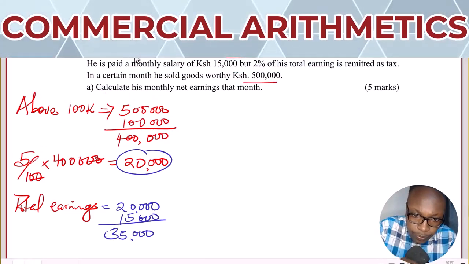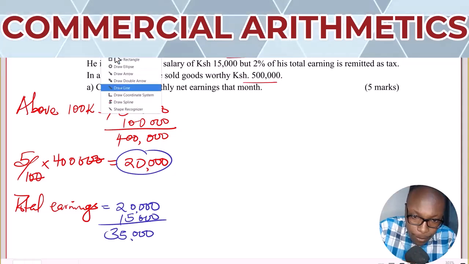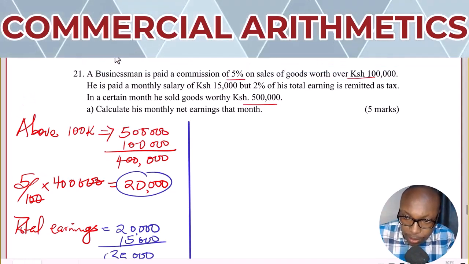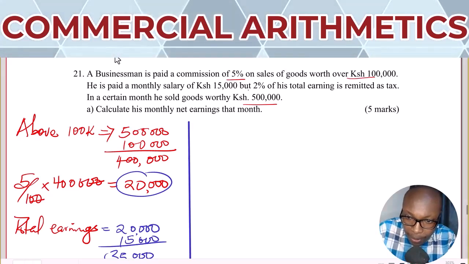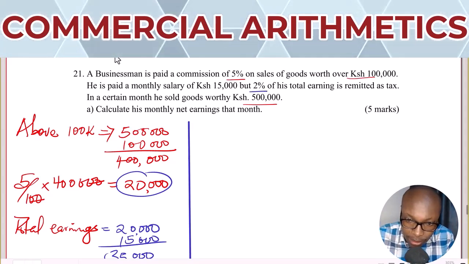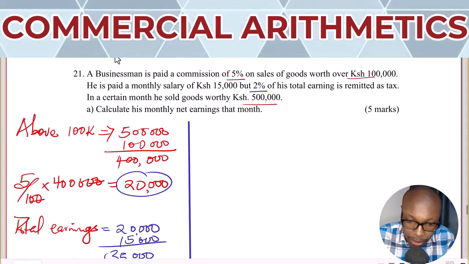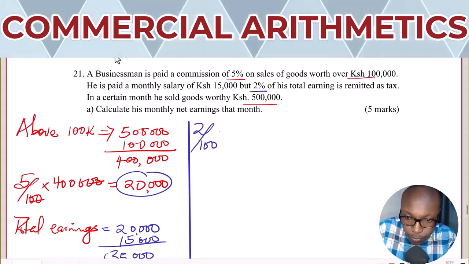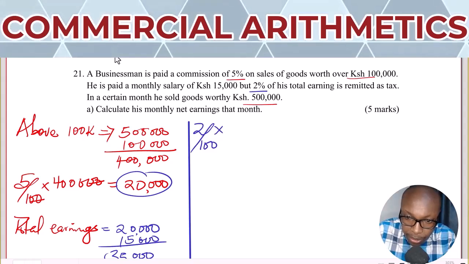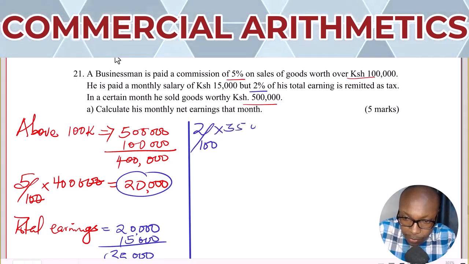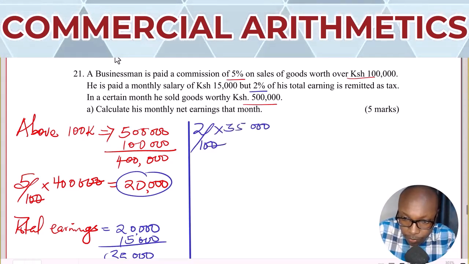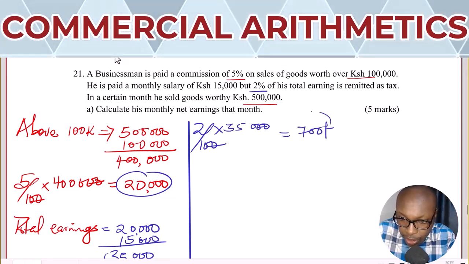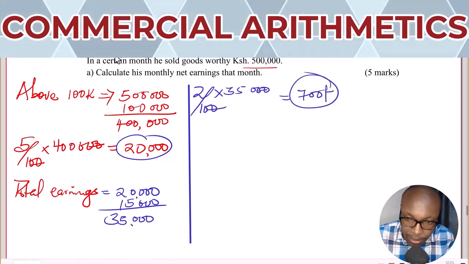Then from there, something else is on tax. Tax is 2%. 2% is remitted as tax, so we need to get the tax. So 2% means this will be 2 over 100 multiplied by the total earnings, which is 35,000. This gives 700 shillings. So that is the tax.